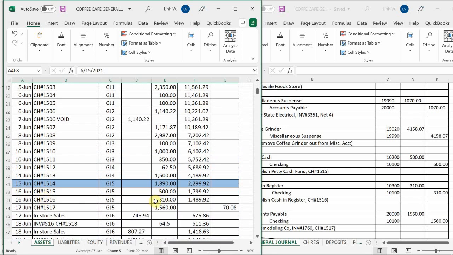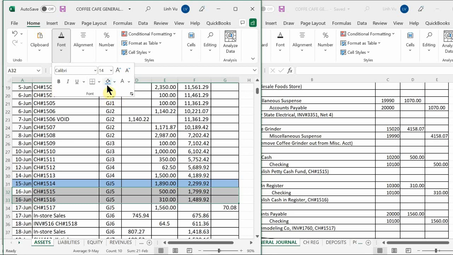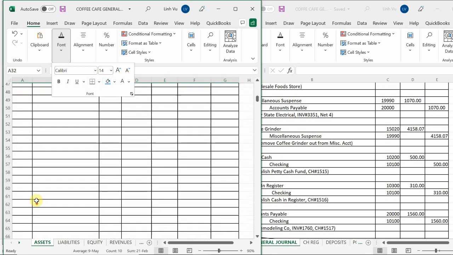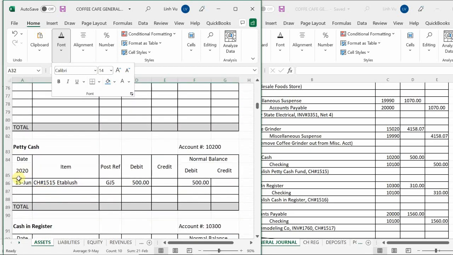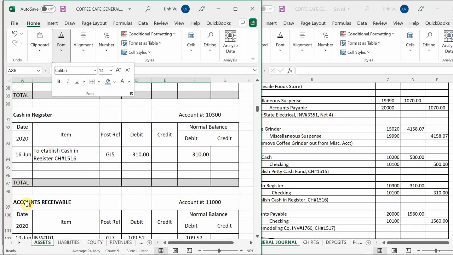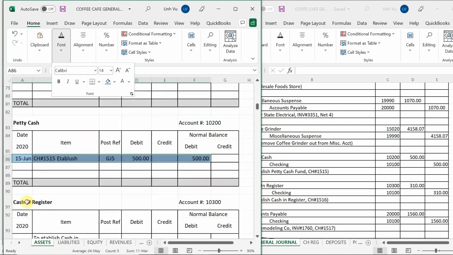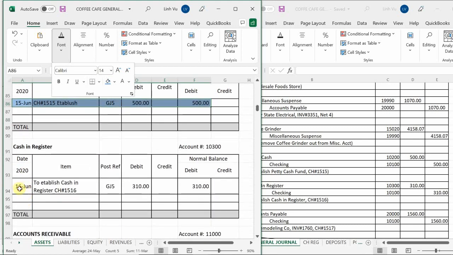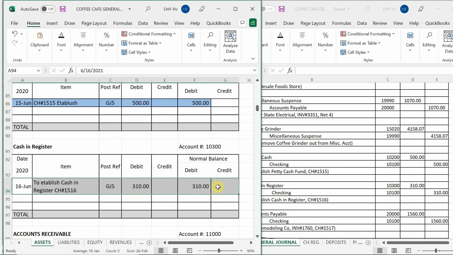Okay, so here, petty cash and cash register credits right here. And then of course we have petty cash. And we have our cash register for the 310. So that one is correct. Okay.